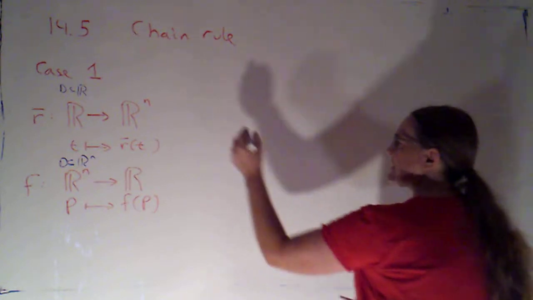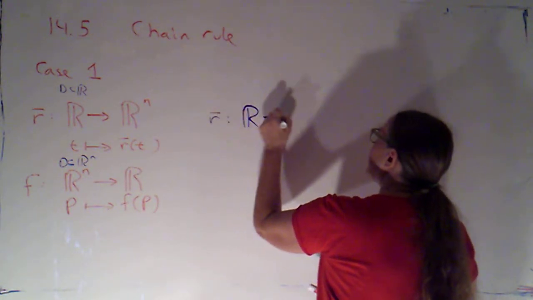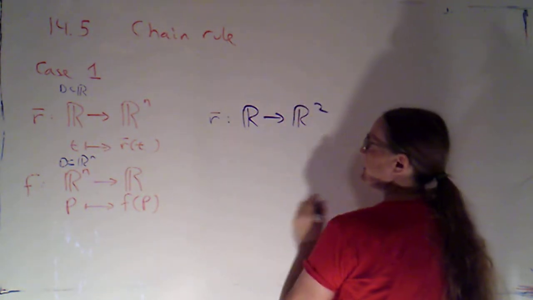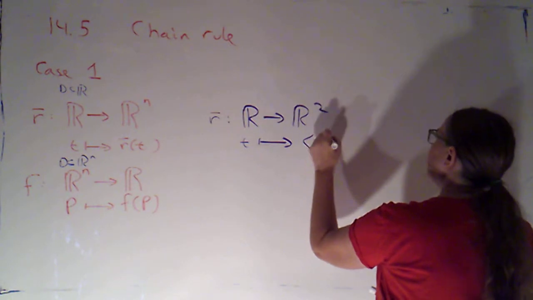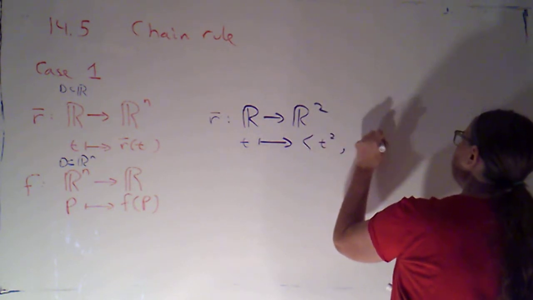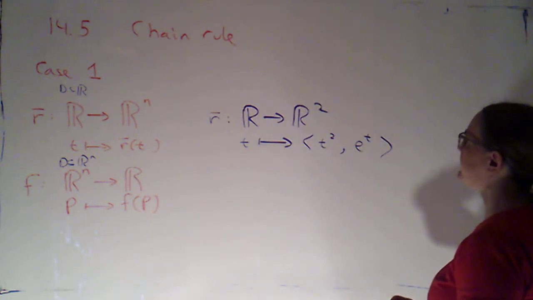Let's just give ourselves a specific example here. Let's suppose that r was mapping from the real numbers to 2 space, and it took a value t, and it mapped it to t squared, e to the t. Okay, fabulous.